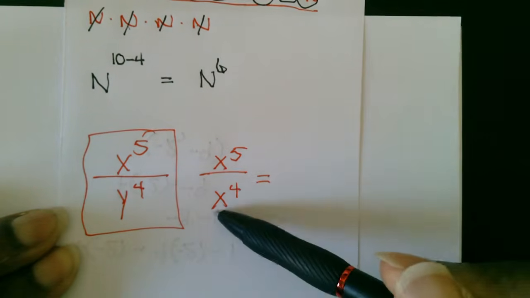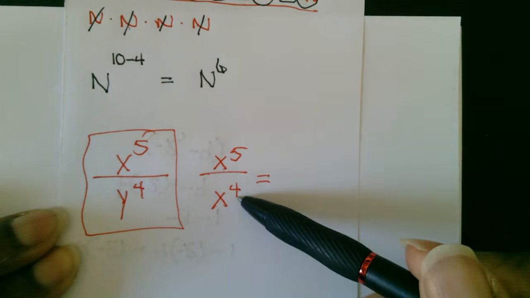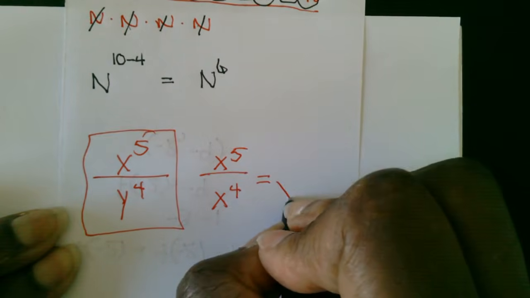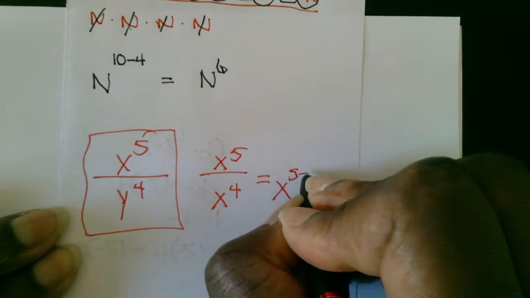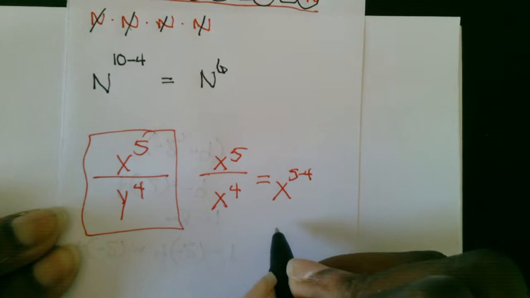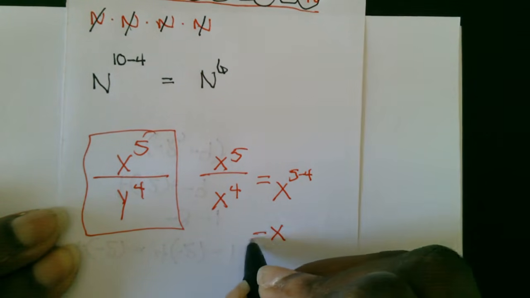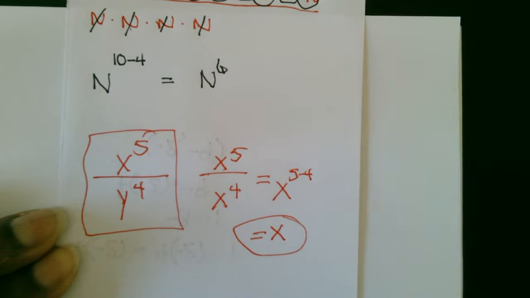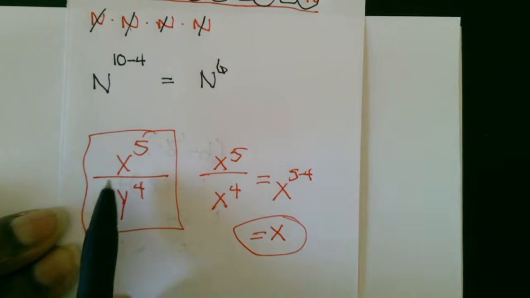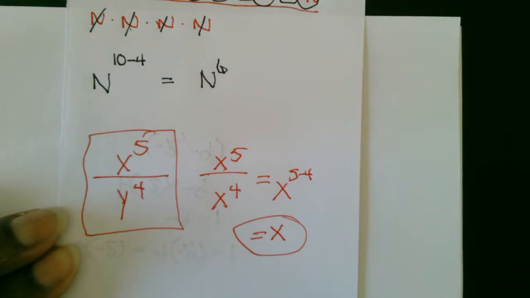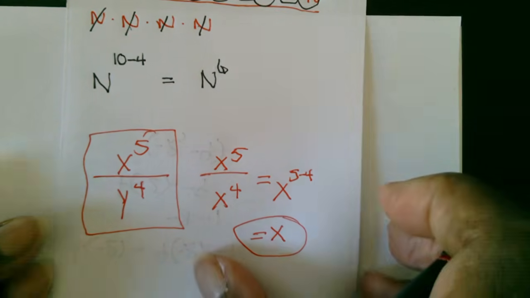If they have the same bases, I would subtract 5 minus 4, so I have my base, then 5 minus 4 gives you 1, so your answer would just be x. When they're not the same bases, we can't do anything about it.